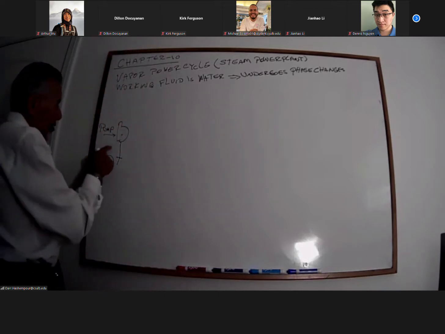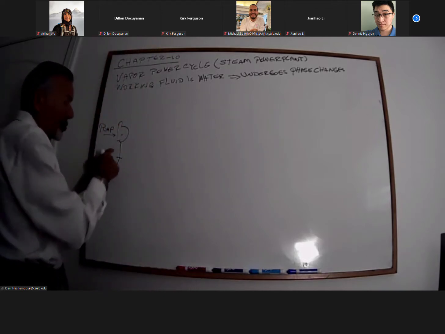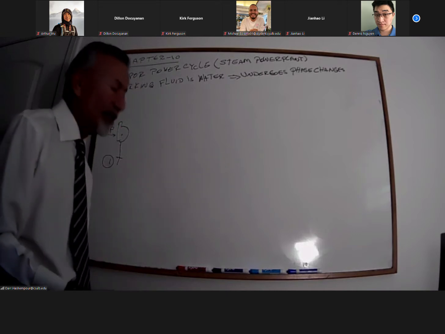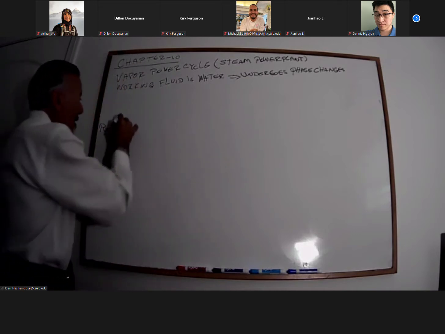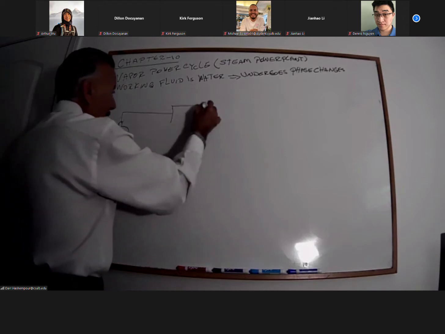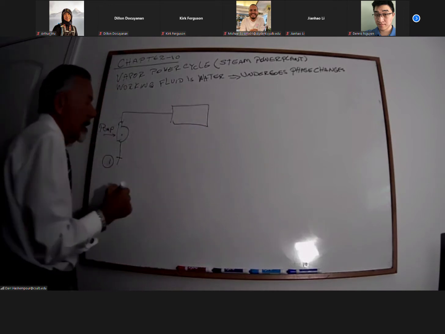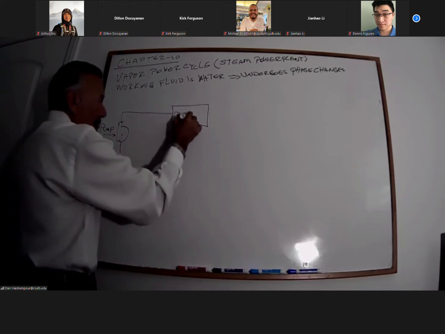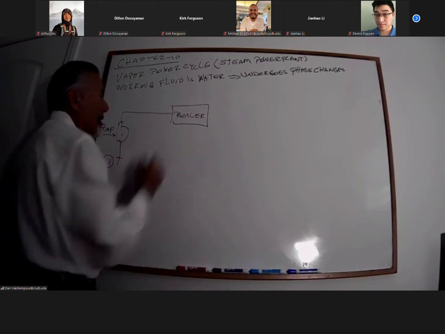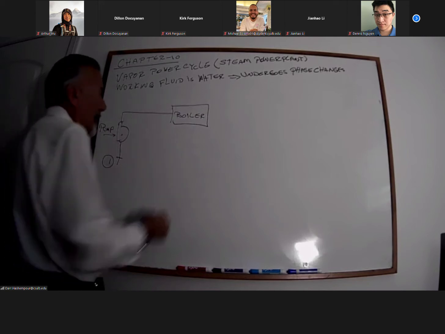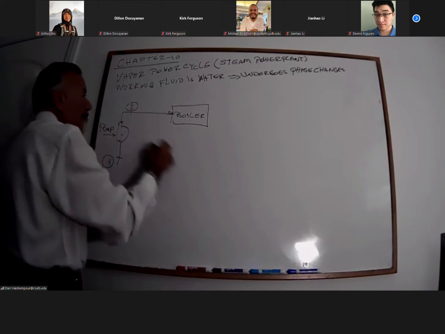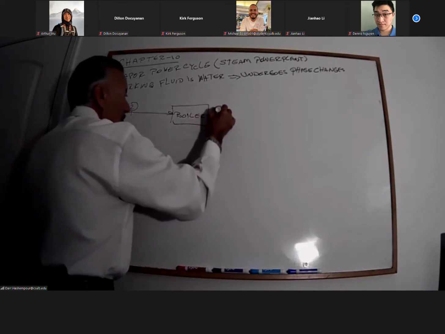Now, before we had a compressor. We cannot use a compressor because we cannot move liquid with a compressor. That's why we use a pump. Here, if you remember, we had a combustion chamber. Now we replace the combustion chamber with a boiler. This is point 2, and that would be point 3.